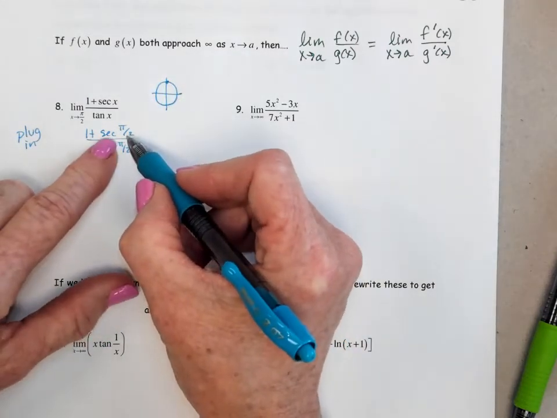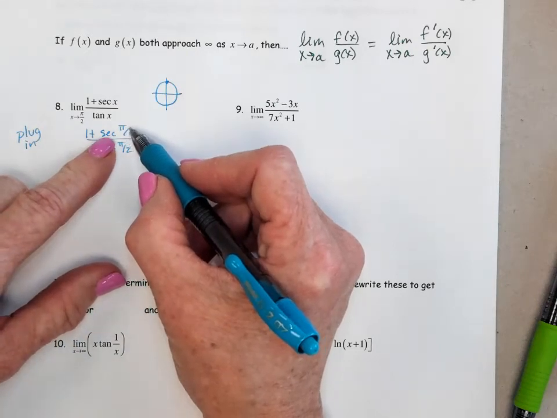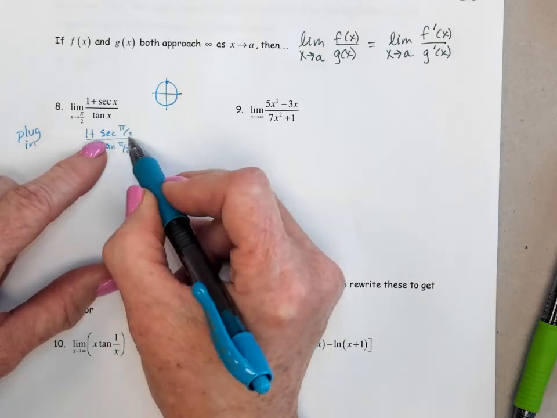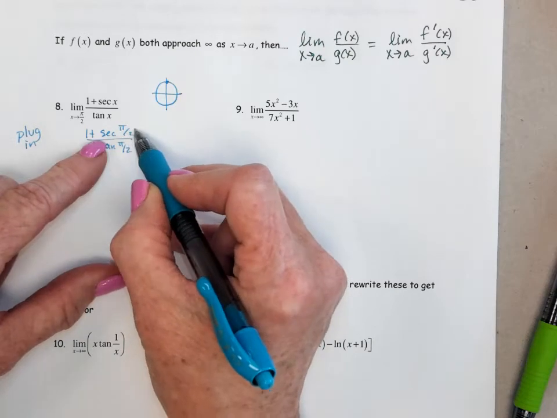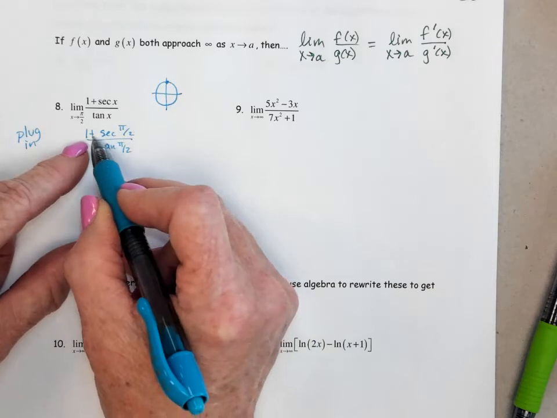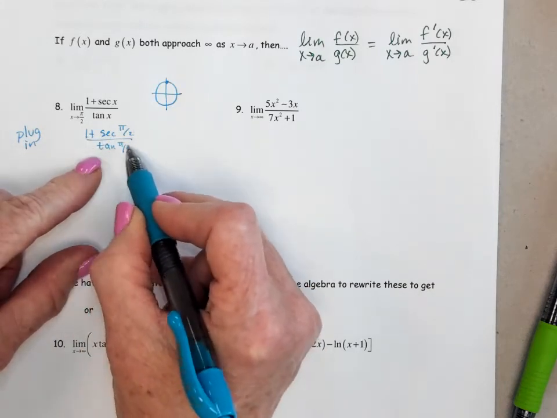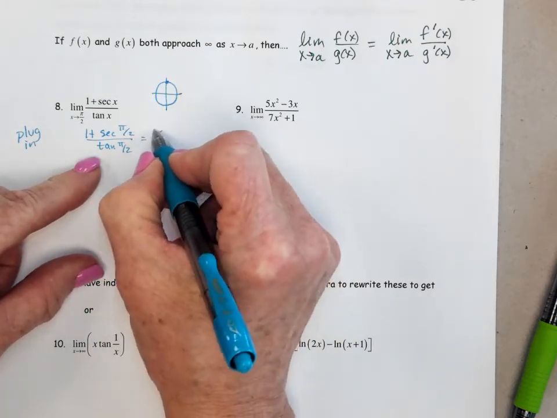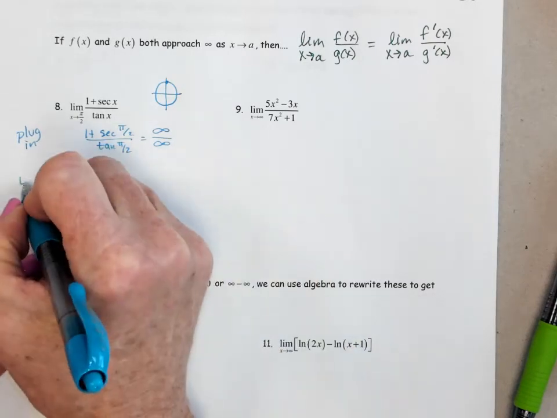Secant of pi over 2 is 1 over cosine. Cosine at pi over 2 is 0, so this is 1 over 0. Just like before when we did limits, a number over 0 is heading toward positive or negative infinity. So we have an infinity here plus 1. And same thing down here, tangent, sine over cosine, at that spot is going to infinity. So this is an infinity over infinity situation.